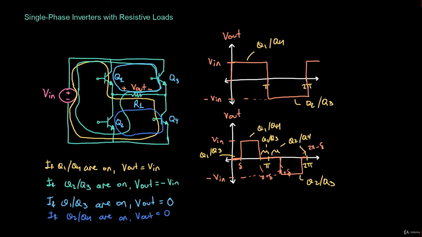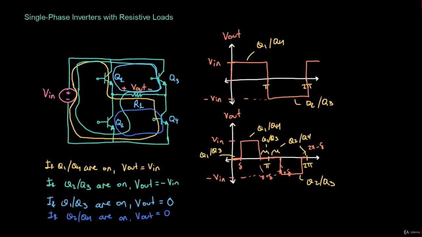Again, we can either do Q1 and Q3 or Q2 and Q4. However, it's important that we alternate between those 2 combinations, because every time we switch a transistor on, we're putting some stress on the transistor. And so for that reason, it's important that even though we have 2 ways of making a 0 voltage at the output, we alternate the way that we do it to distribute the stress between all the transistors equally.